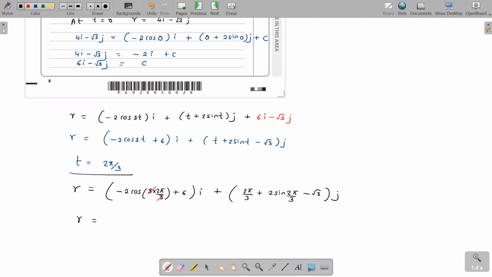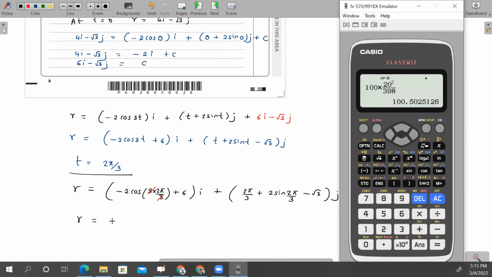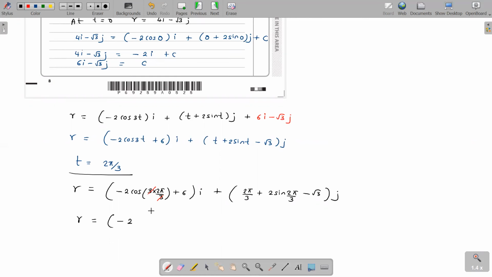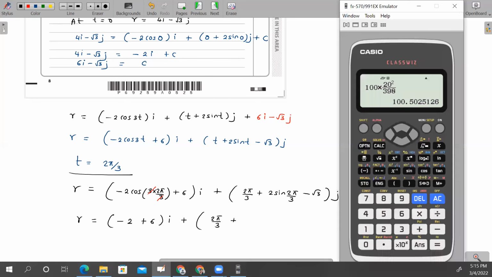How much is cos 2 pi? Cos 2 pi is 1, right? Cos 360 is 1. Minus 2 times 1 plus 6i. And inside here you get 2 pi over 3 plus 2 times sine 2 pi over 3.